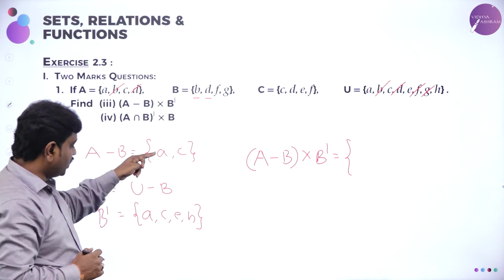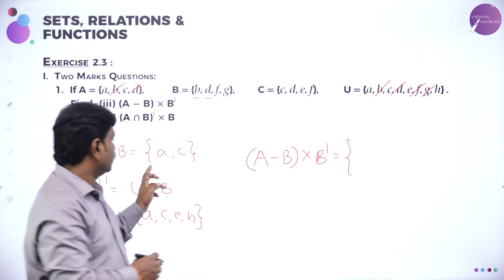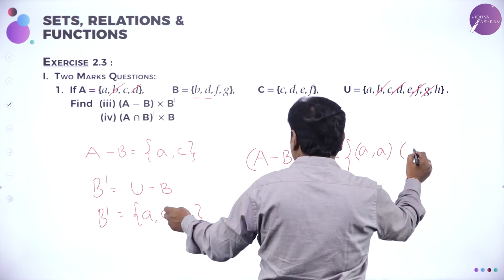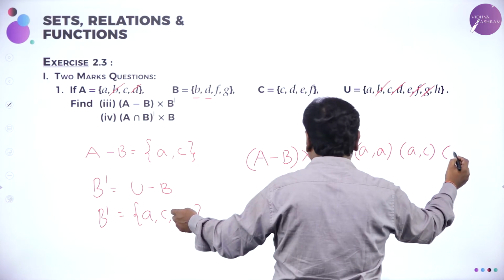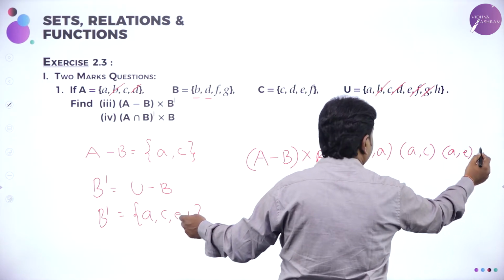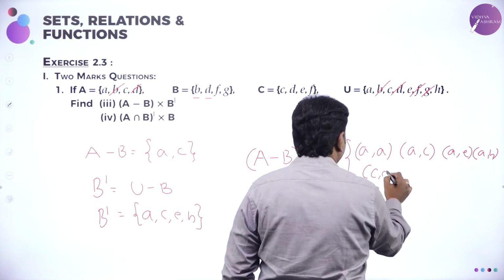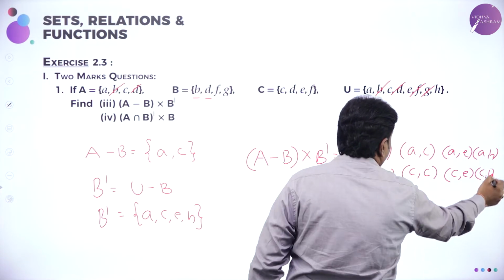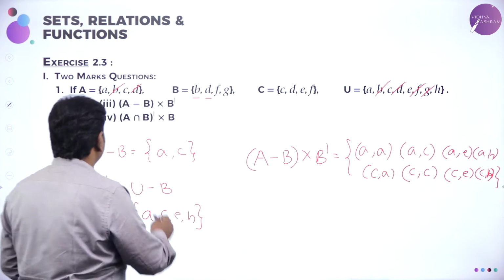That is group A with A, AA, AC, AE, AH. Then you go for C: CA, CC, CE, CH. And similarly, this I have done.